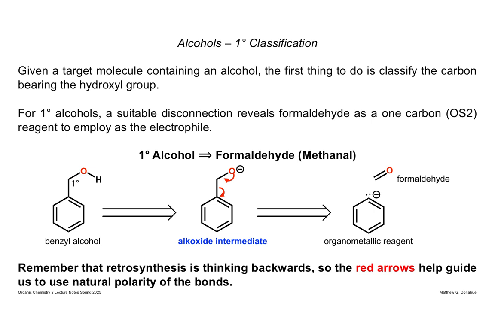So we'll run through these primary, secondary, tertiary, and see how we can apply these organometallic reagents. So this exercise, we're calling it a disconnection, or the term we use is retrosynthesis.